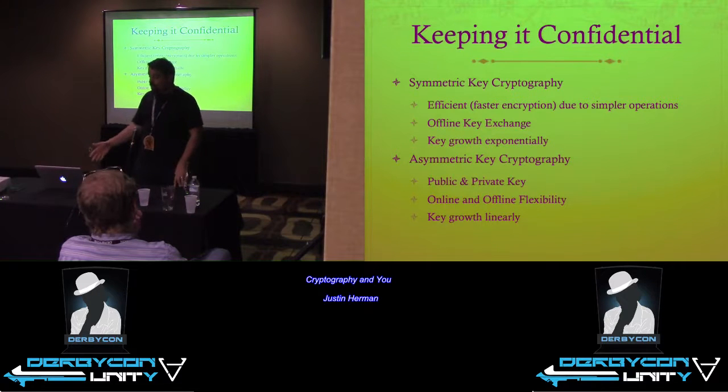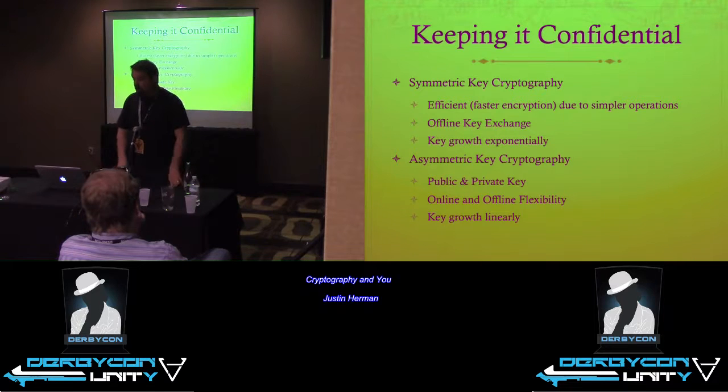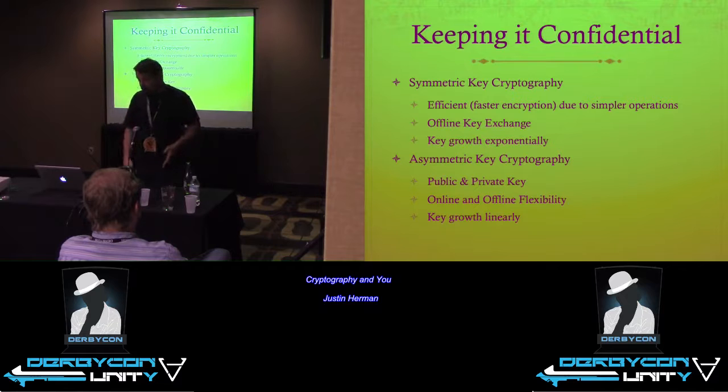And asymmetric key cryptography gives us both the public and private key, and they both have particular features of what they do. And you can send that key material along with the message. And the nice thing is that the key growth is linear, so how many people we have would be how many keys we would want, and it would only remain that way.